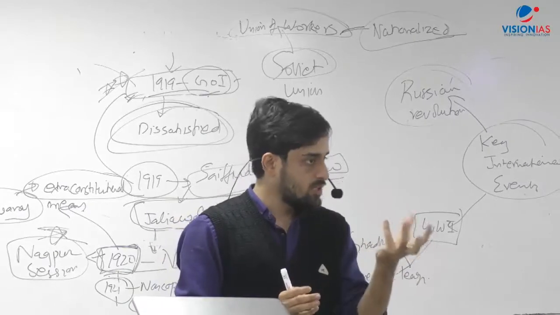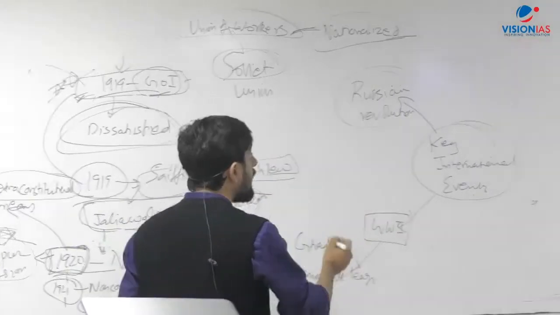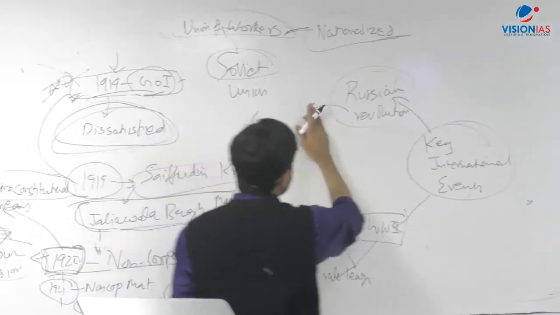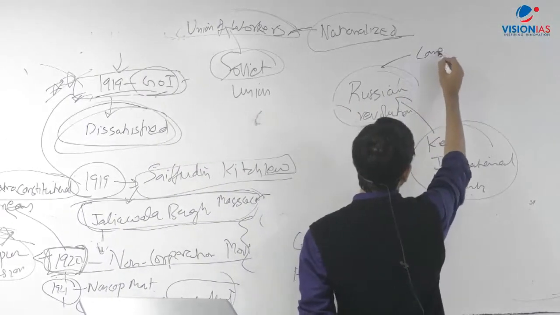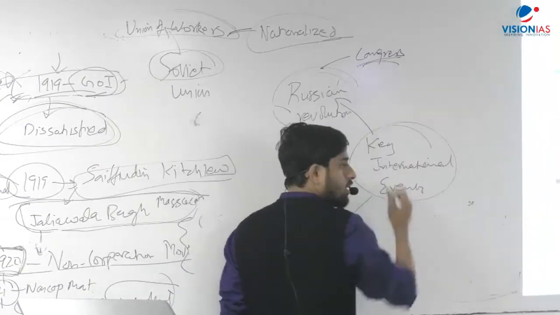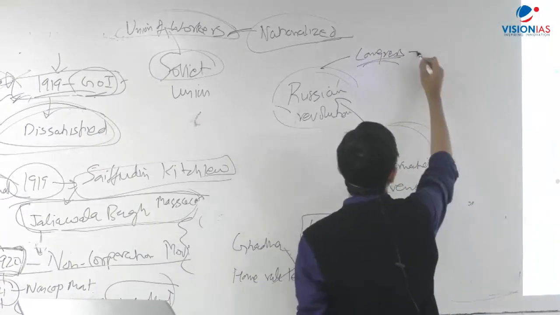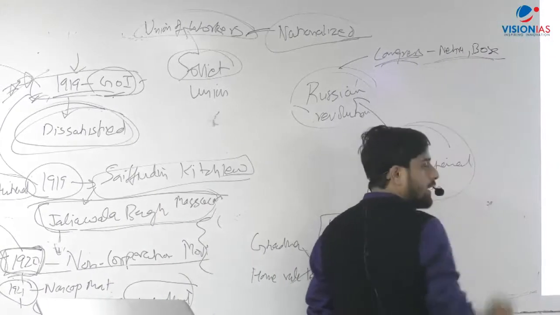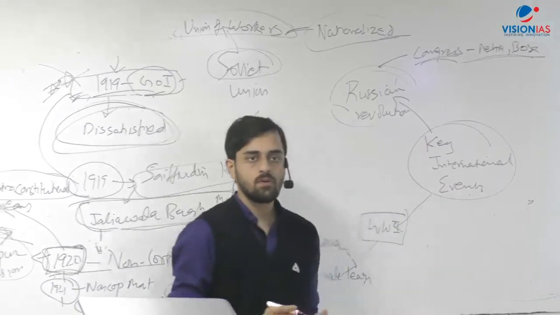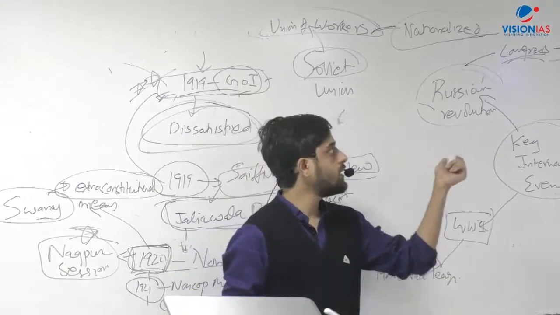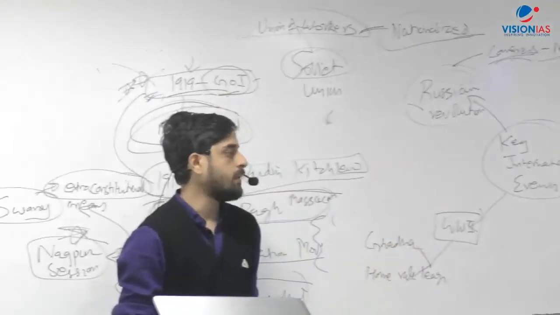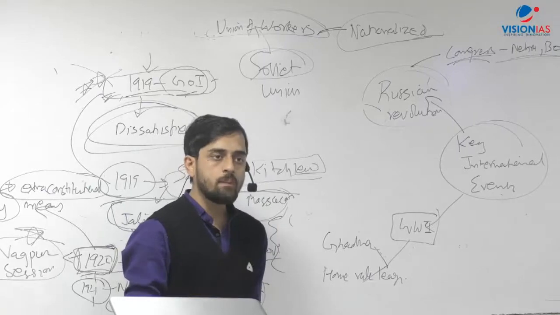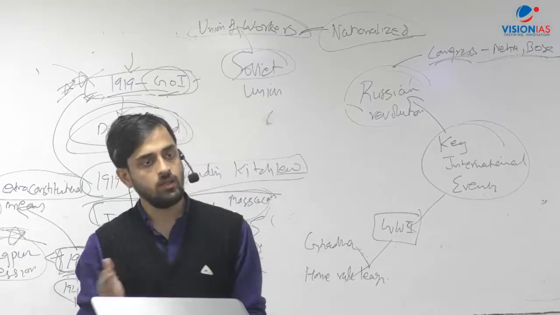So the success of the Russian Revolution during the 1920s inspired a number of Congress leaders also. We will see that the younger generation of Congressmen like Nehru, like Subhash Chandra Bose, were inspired by the ideology and the success of the Russian Revolution, and they wanted that in the post-independence era, India also should embark on a similar path.